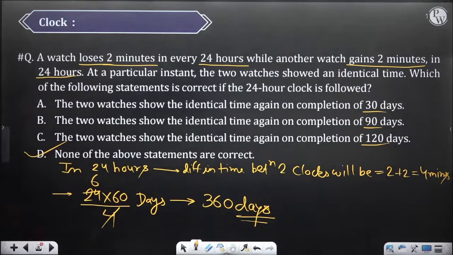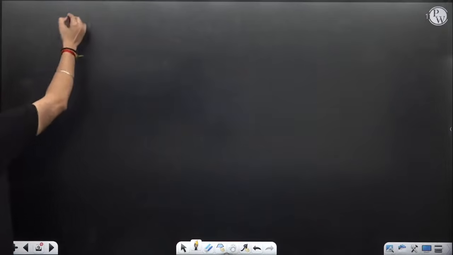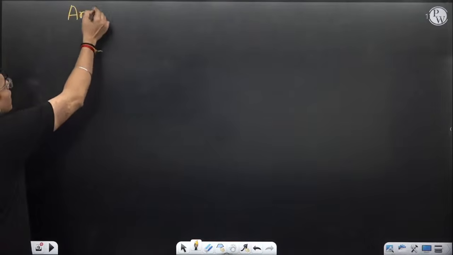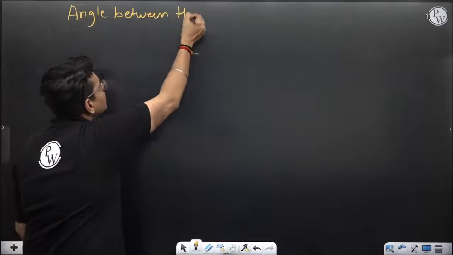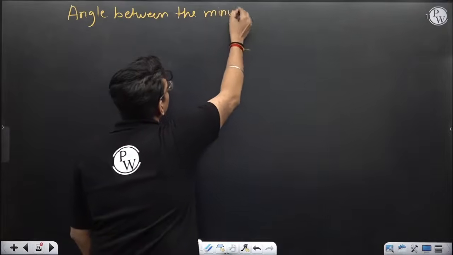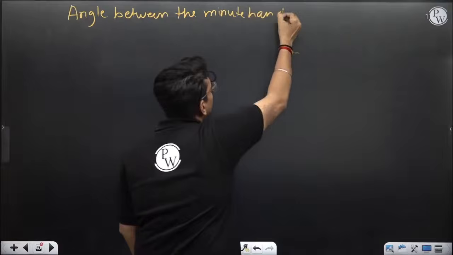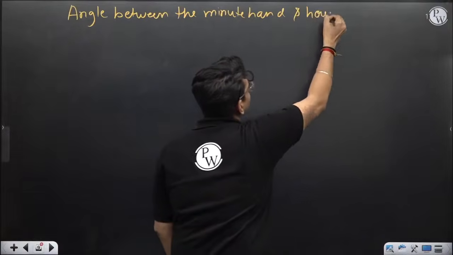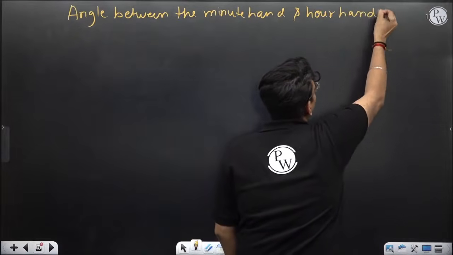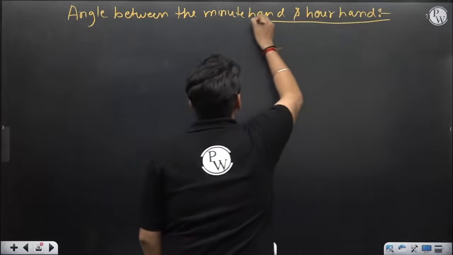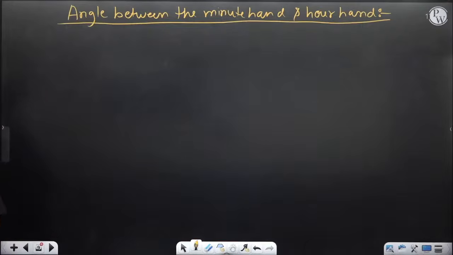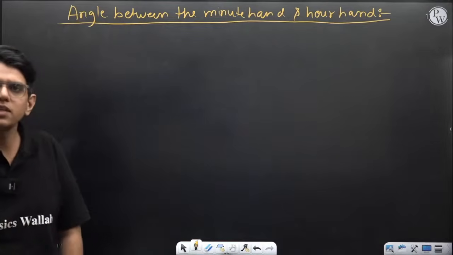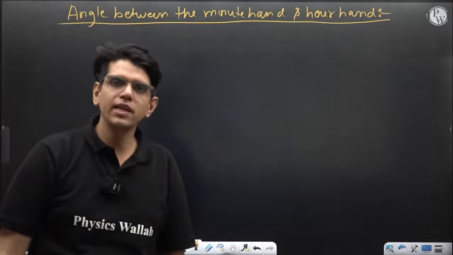Okay, understood? The next concept in clock is the angle between the minute hand and hour hand. Okay, I am proving the formula which is used to calculate the angle, but even if you don't want to remember the proof, you can directly remember the final formula to solve the questions.